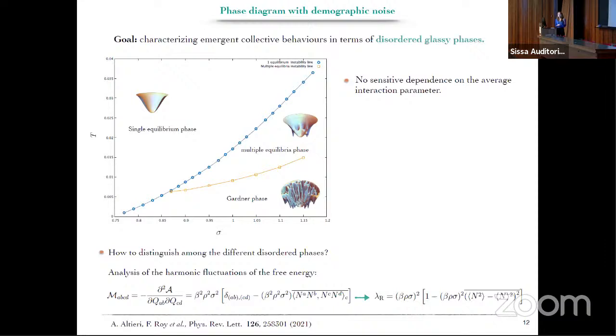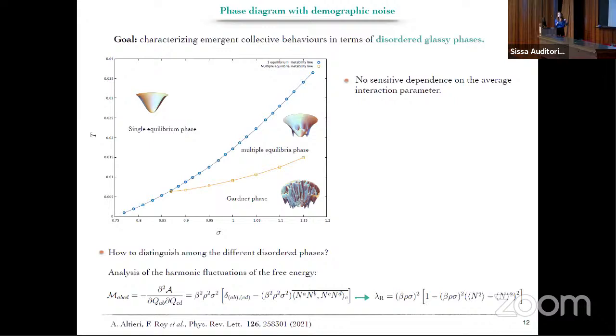And so when the demographic noise is sufficiently high to cover random interaction, the system is in a single equilibrium phase. So the landscape is purely convex. Then we can start decreasing the amplitude of the demographic noise t, or increasing the heterogeneity parameter sigma, and the system enters this multiple equilibria phase that, as you can see, is characterized by the emergence of a two-level structure in the distribution of the equilibria.